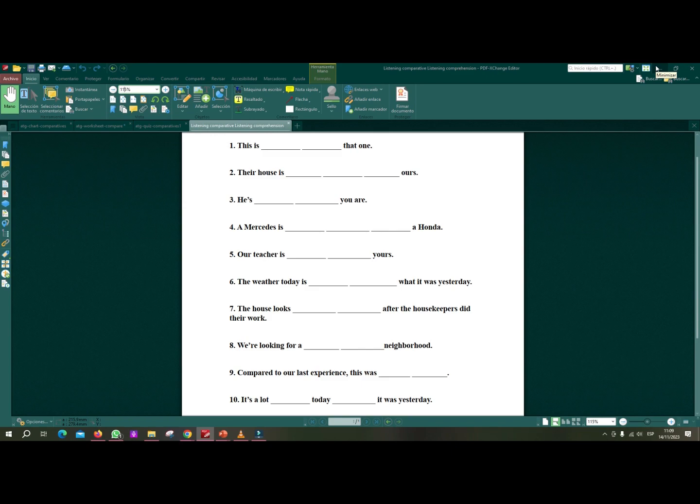Comparative adjectives. Number 1. This is better than that one. 2. Their house is more comfortable than ours. 3.